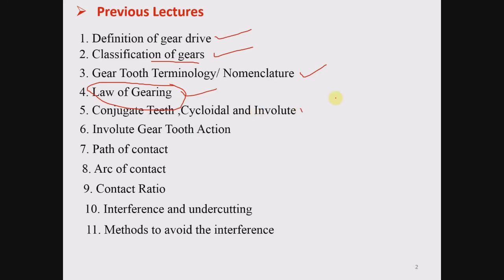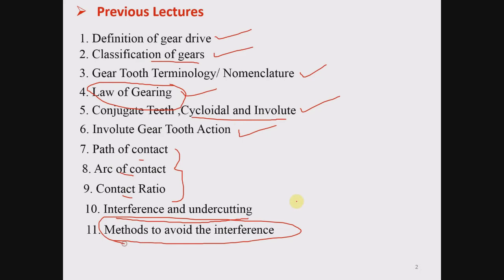Then we have studied two conjugate tooth profiles, cycloidal and involute ones. Then we have seen the involute gear tooth action. We have derived the equations for path of contact, arc of contact, and contact ratio. And we have seen what is the interference and undercutting in case of involute gears. And finally, we have studied the methods to avoid the interference.